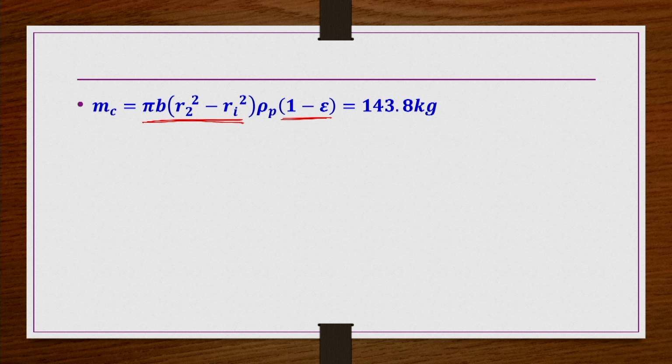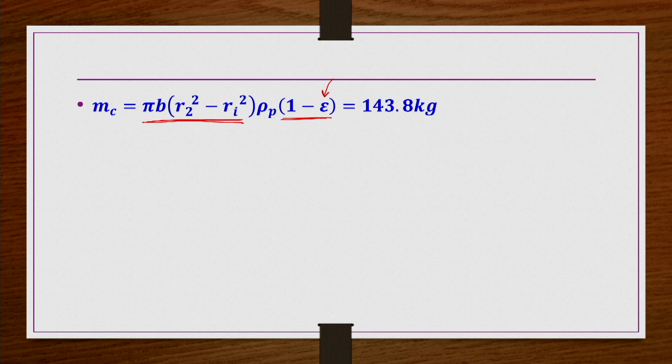because the entire cake is not full of particles; there are interstitial spaces filled with liquid. That interstitial fraction is epsilon, and 1 minus epsilon is the fraction of the particles. So pi b into R2 square minus Ri square multiplied by 1 minus epsilon gives the volume of particles within the cake, and if you multiply that by the density of the particles, you get the mass of the particles within the cake.